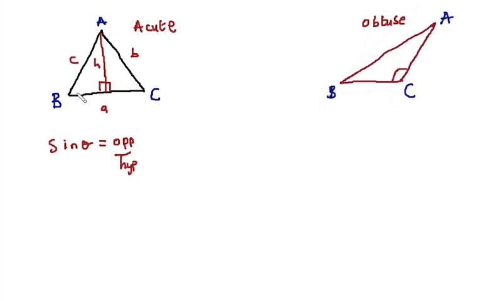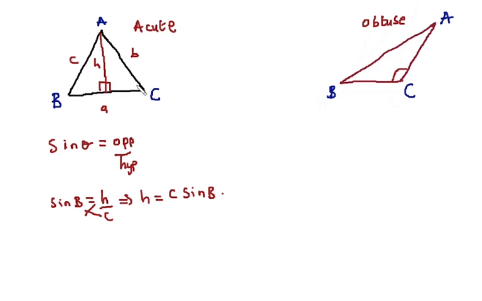So if you are taking sine of B here, sine B is equal to the opposite of this angle, which is H, over the hypotenuse, which is c. This implies that H is equal to, once we cross multiply, c sine B.